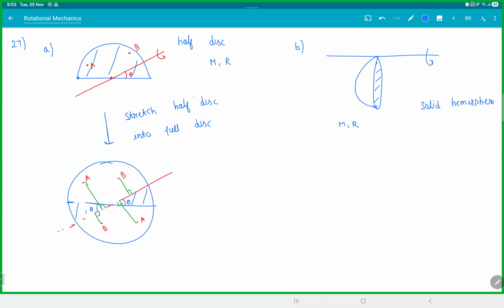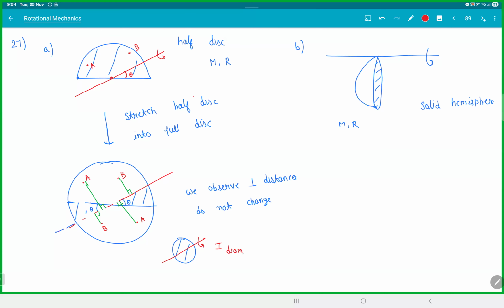So stretch this into a full disk, and we observe the perpendicular distances do not change. So therefore, for a half disk, it is the same as, so this is the diameter. This question has become like you got a disk and you're asking to find the moment of inertia about the diameter.